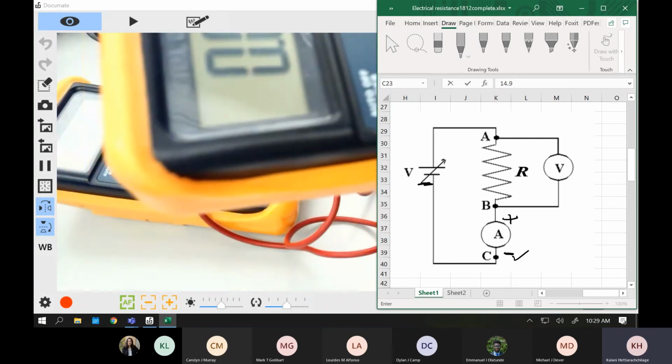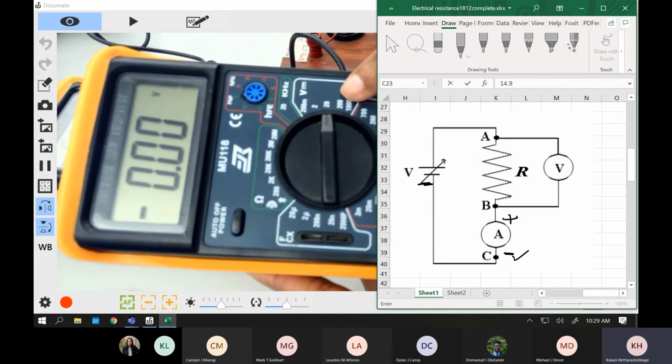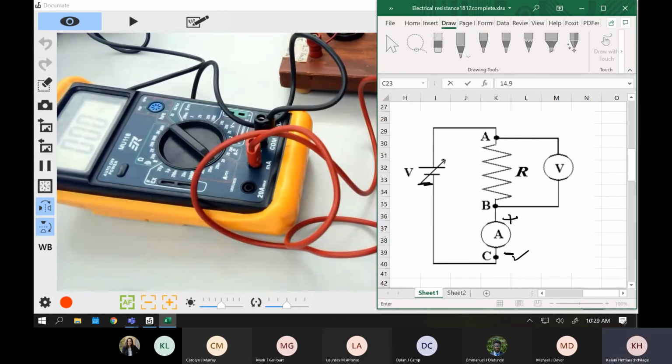Okay. Like on top? Yes. And then the dial is 20 volt. 0 volt. You guys see the 0?